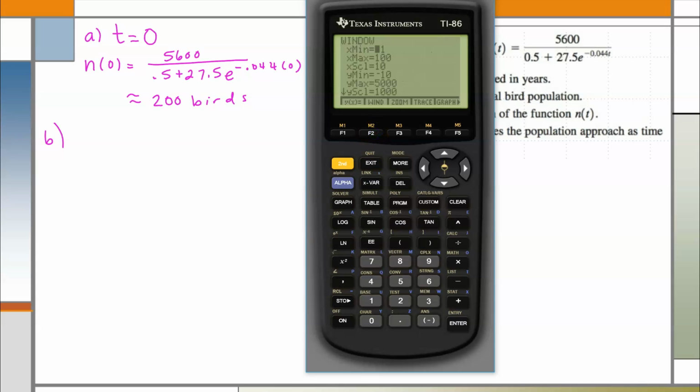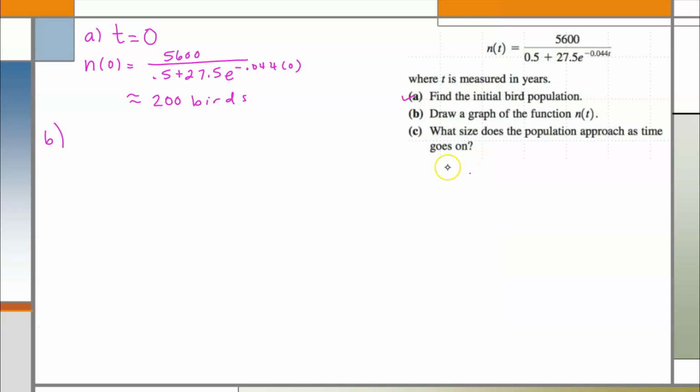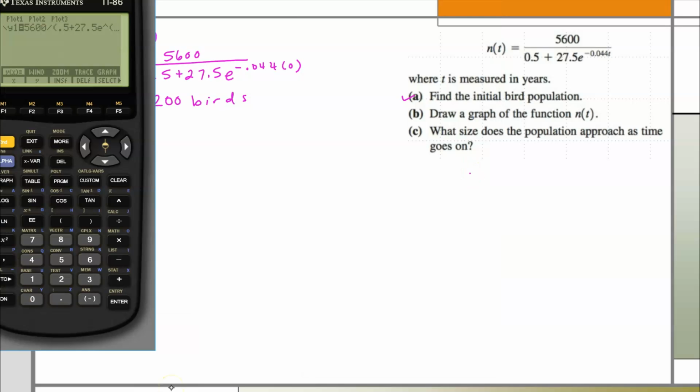Okay, so it looks like we're going to have to go a little bit further. At this point, I just want to check my equation and make sure I put it in right. 5,600, parenthesis around the entire denominator. Shoot.